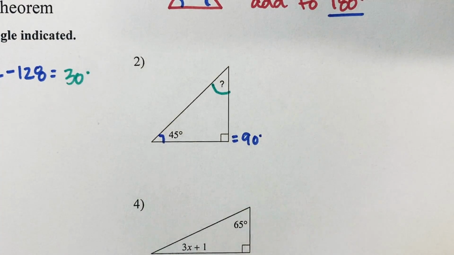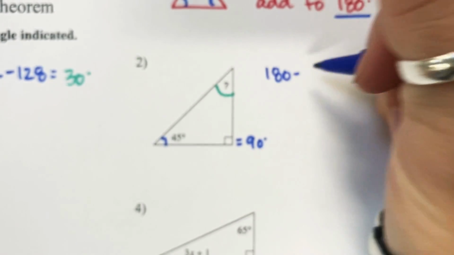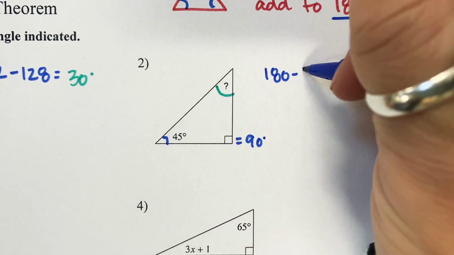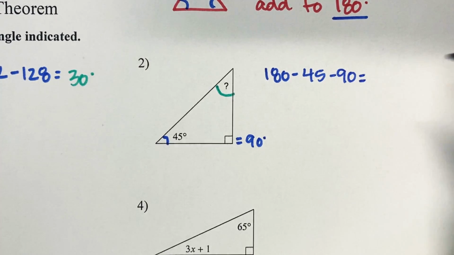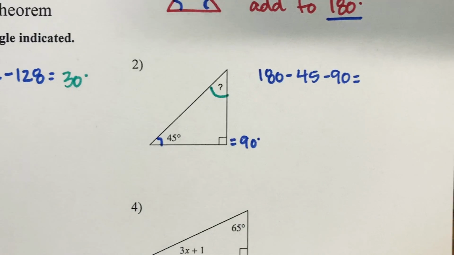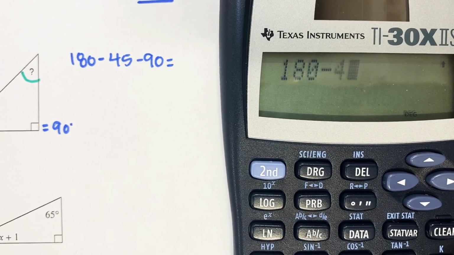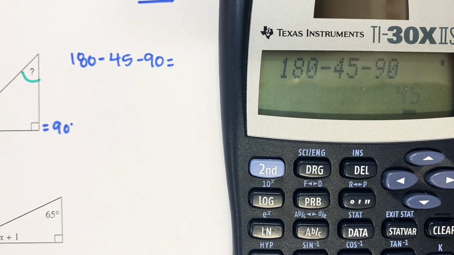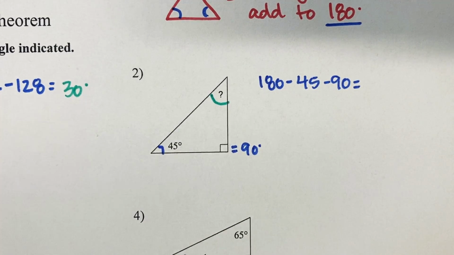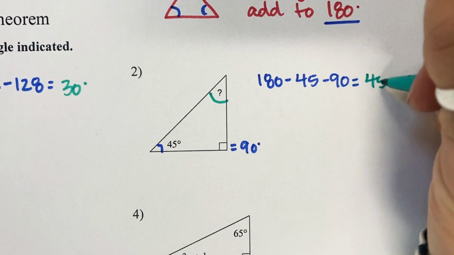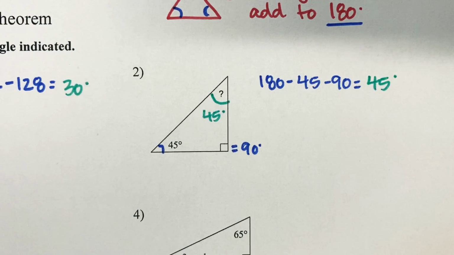Again, we take our total number of degrees, 180, and subtract the two angles that it gives us, minus 45 and minus 90. Again, we can use a calculator. 180 minus 45 minus 90 equals 45 degrees. So we know that that missing angle right here is 45 degrees.